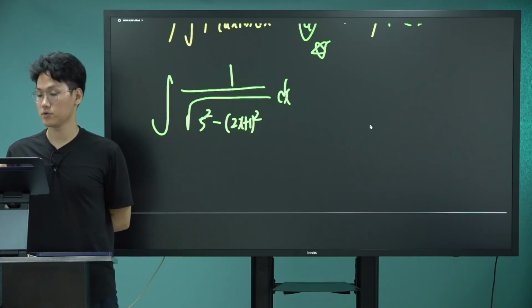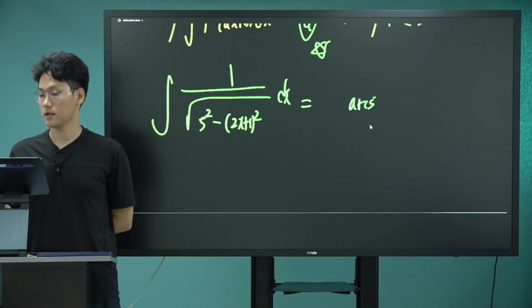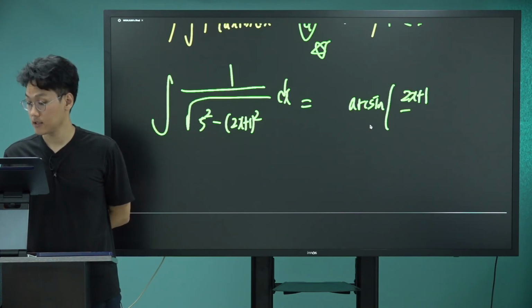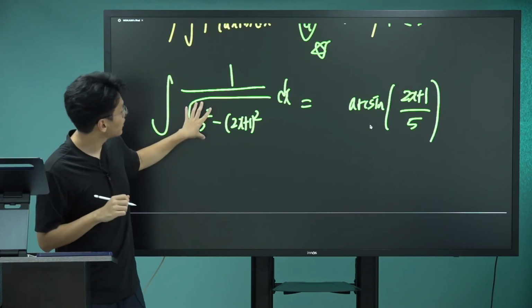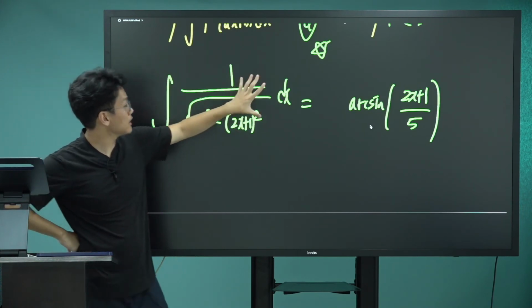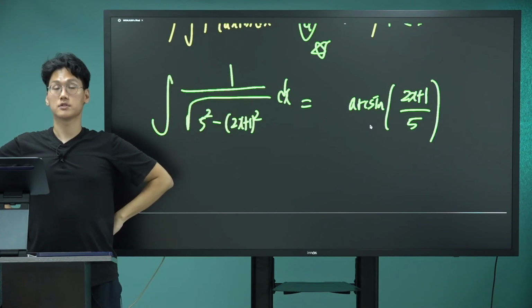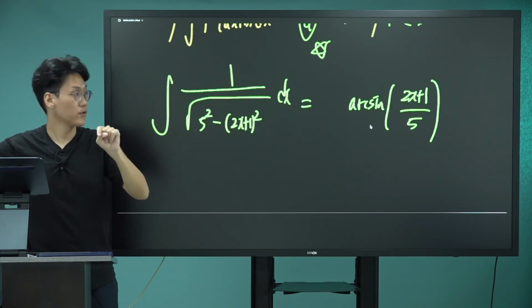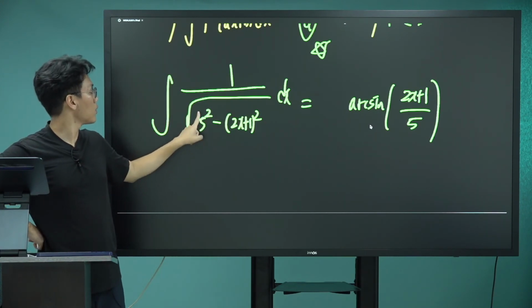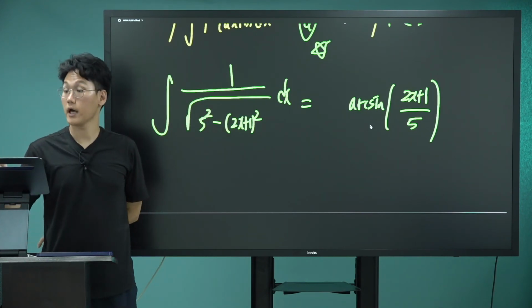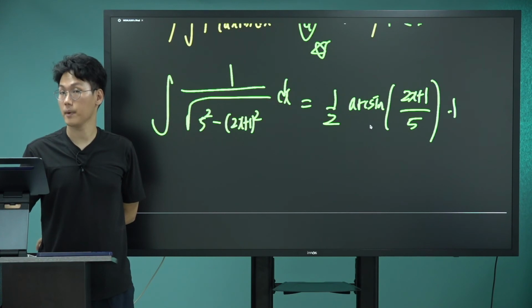The domain here is going to be 2x plus 1, and my a is going to be 5, the constant square. But in the front, who comes out? That depends on whether it's inverse sine or inverse tangent. For the inverse sine, I know 1 over 5 does not come out, but instead only half is going to come out.